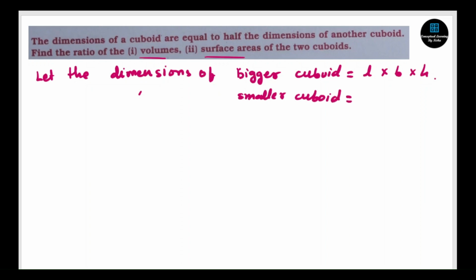They are saying the one is the half of them. So L over 2 times B over 2 and H over 2.